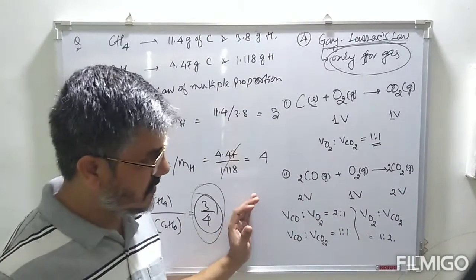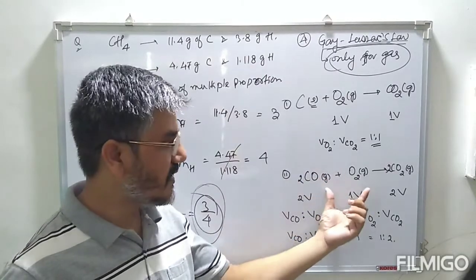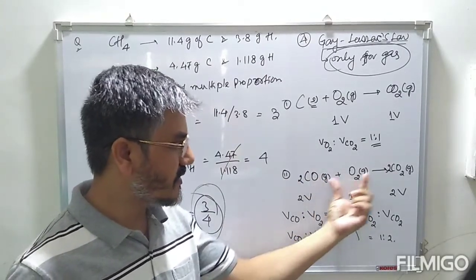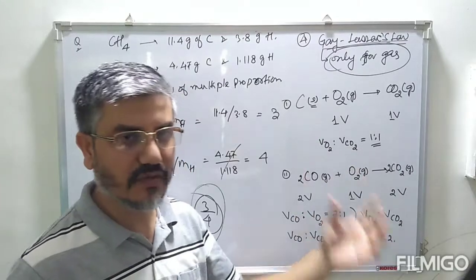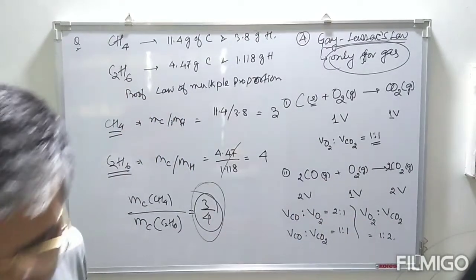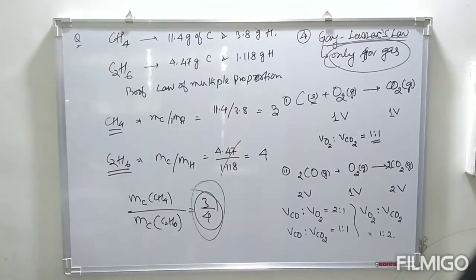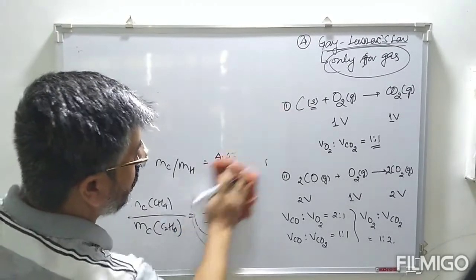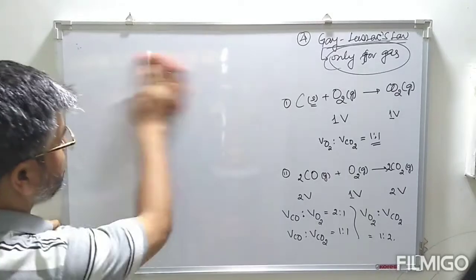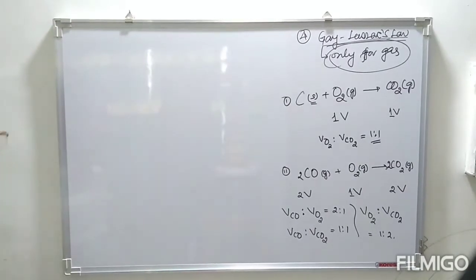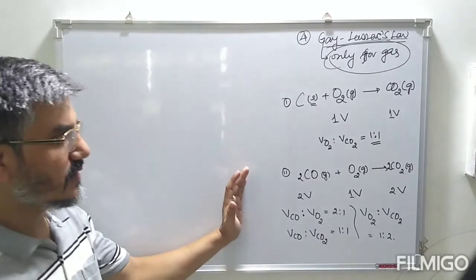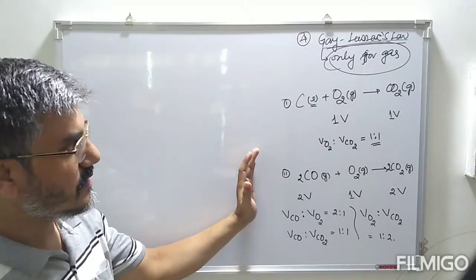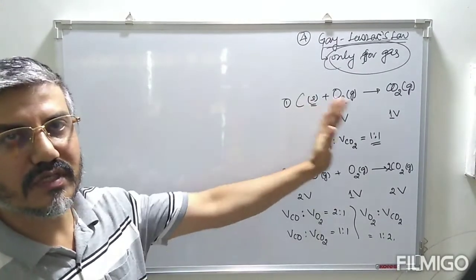So if you look at this, the volume ratio of the combining reagents or products always bears a simple whole number ratio. So this law says whenever gases react, specifically this is only meant for gases, they always react in simple whole number ratio by volume.